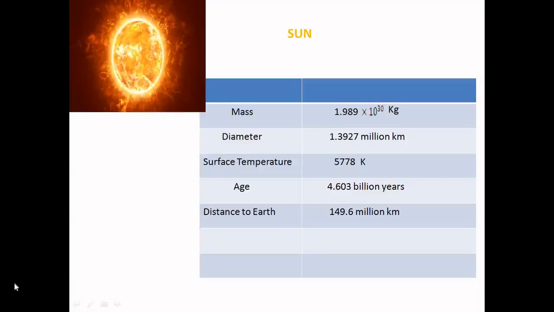It's nearly 73%, and the rest is mostly helium, 25%, and the remainder is heavier elements like oxygen, carbon, neon, and iron. The Sun fuses about 600 million tons of hydrogen into helium every second. The mass of the Sun is 1.989 x 10^30 kg, and its age is about 4.603 billion years.